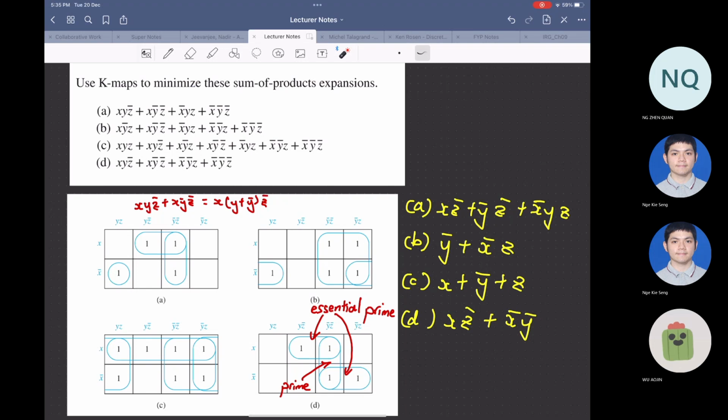And then B, what do you have? For B, you can see that only these 2 blocks cover all the 1s. So you need to minimize all these blocks. For this block here, you will get 1 times Y bar. Can you see it?